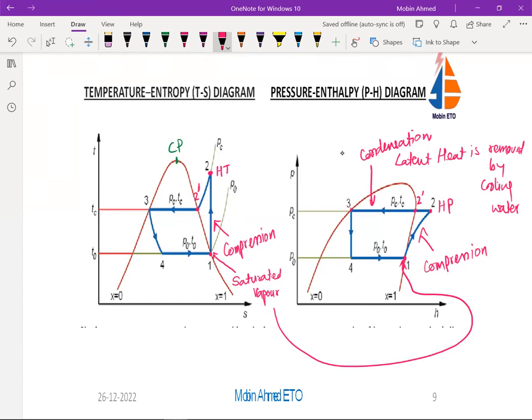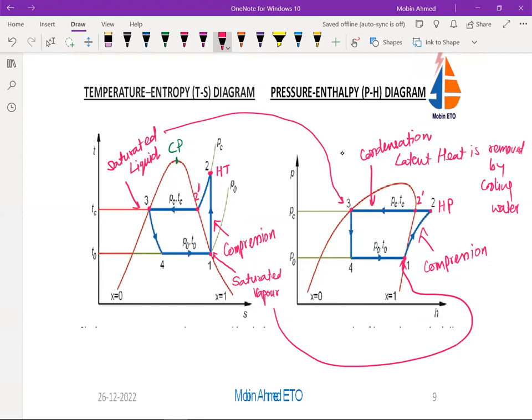When it reaches point 3 here, it is going to be 100% saturated liquid. Saturated liquid. Okay. So after the condensation, when it reaches there, it is going to be 100% saturated liquid.